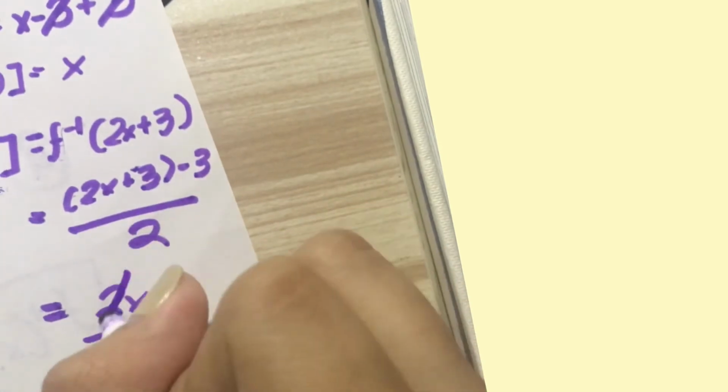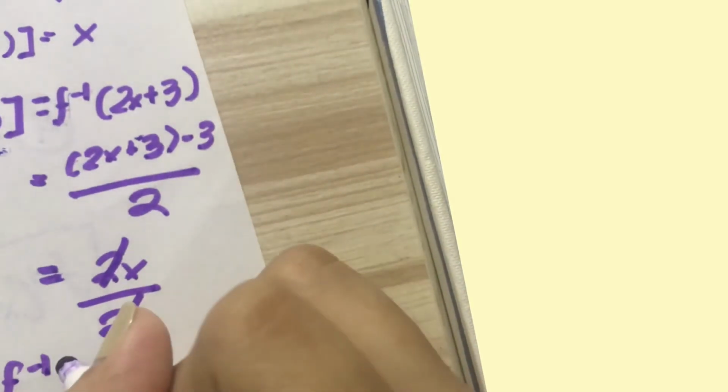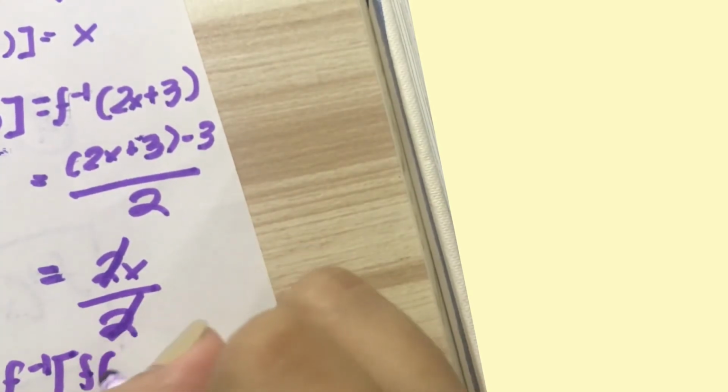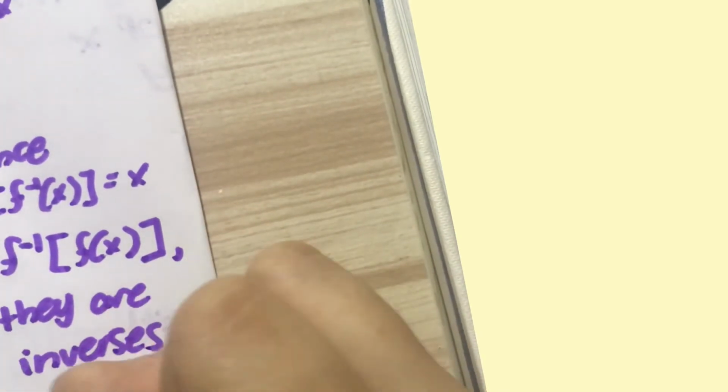Cancel out 2. Now we will be left with x. So f negative 1 of f of x is equal to x. So upon checking and verifying, we actually saw that they both equated to x. This means that they are inverses of each other.